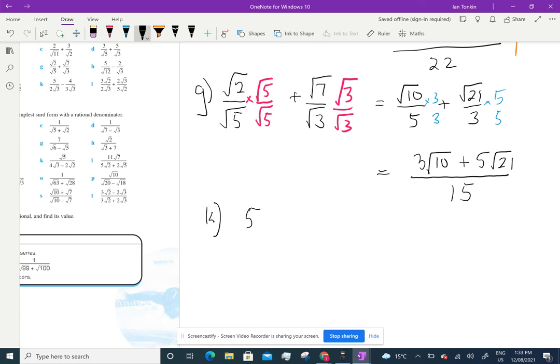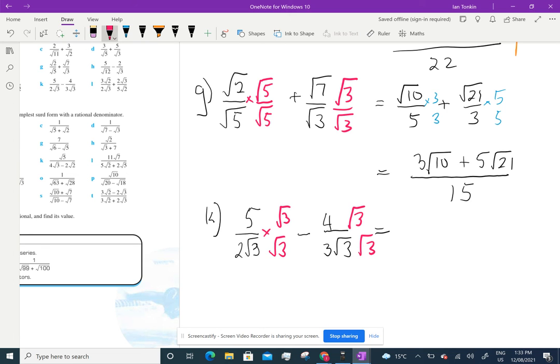So I've got 5 on 2 root 3 minus, oh, sorry, I should have left a bit of a gap, minus 4 on 3 root 3. Okay, I'm just going to multiply this one by root 3. I'm going to multiply this one by root 3. And look what happens over here.